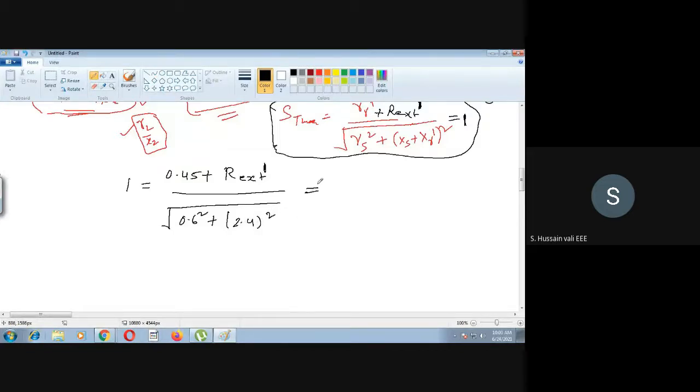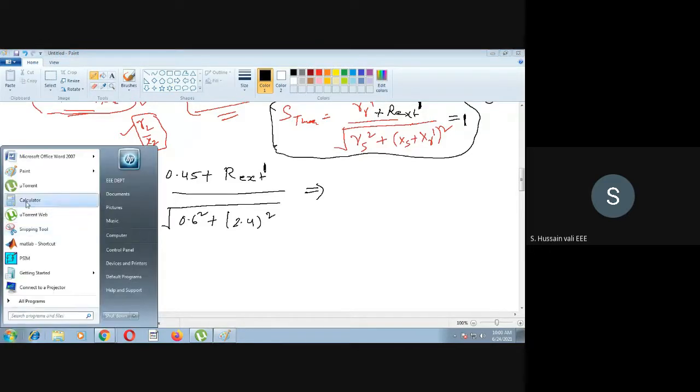So from this equation, what you will get is R external. We can get R external here. Use the calculator.